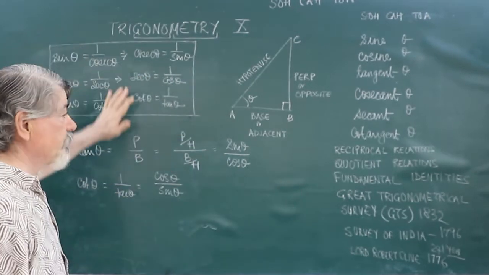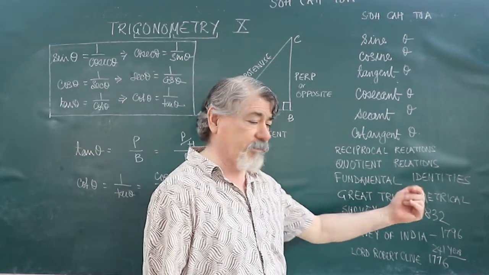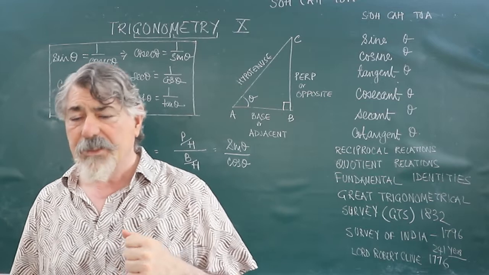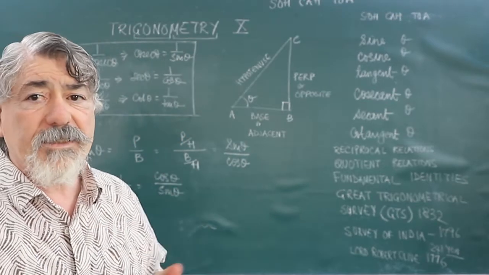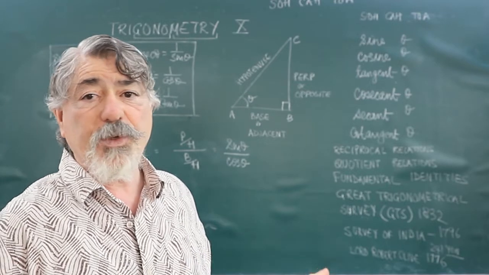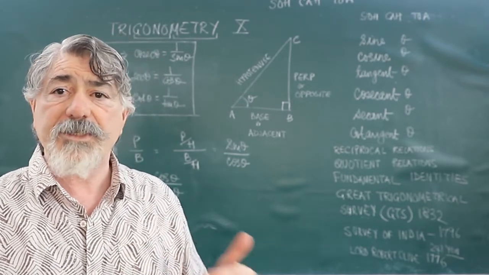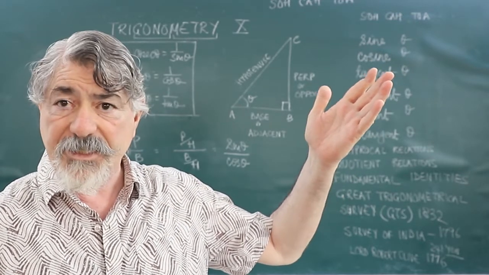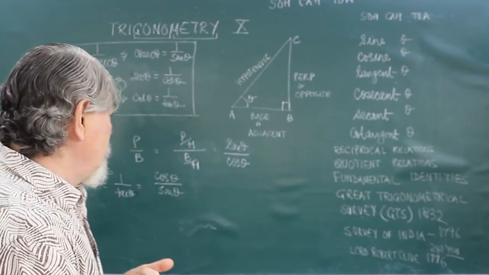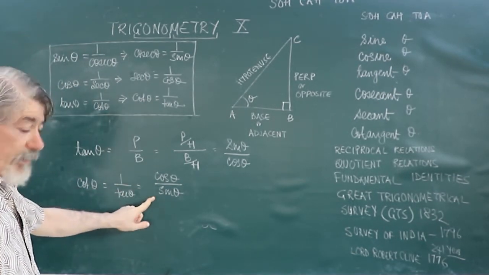These things will be used everywhere. It doesn't change. So cot theta is 1 upon tan theta, cos theta upon sin theta.